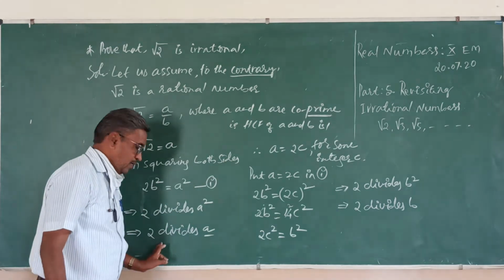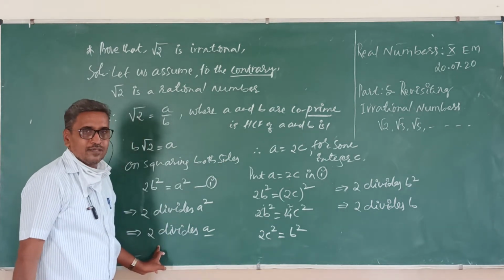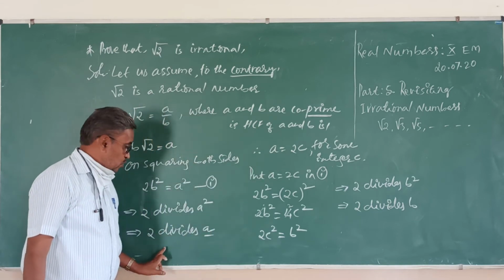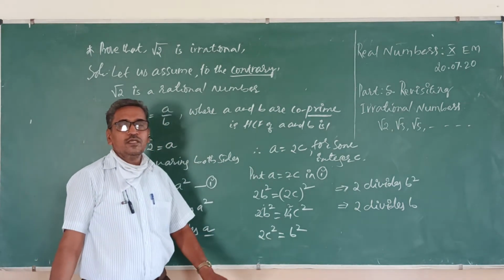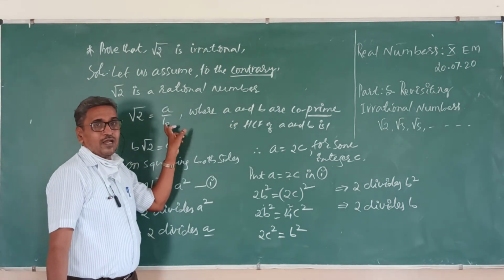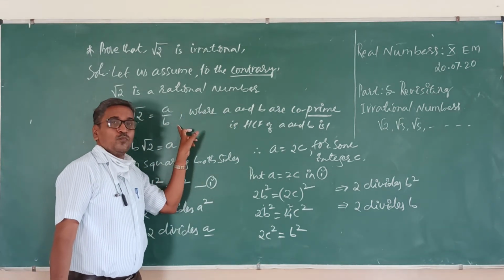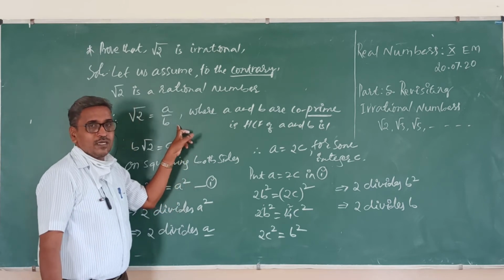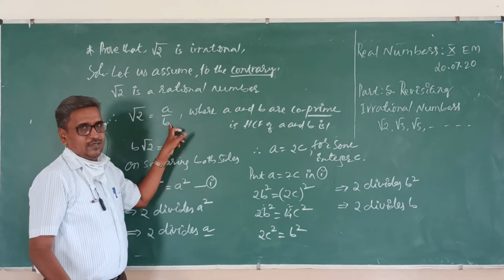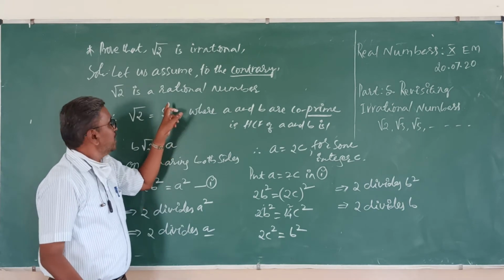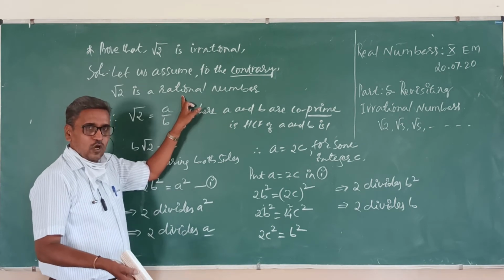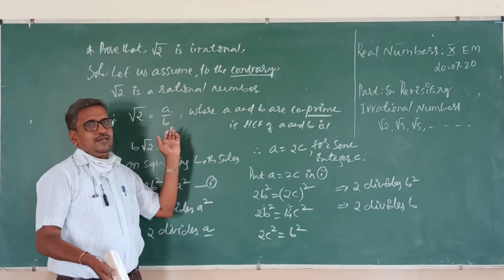The HCF was said to be 1, but here 2 divides a and 2 divides b. It means they are not co-prime, which means our assumption that root 2 equals a by b is wrong. The assumption that it is rational is wrong. It means it is irrational.